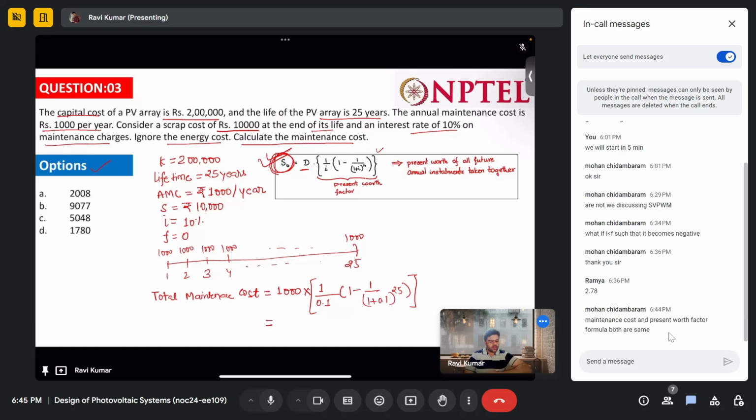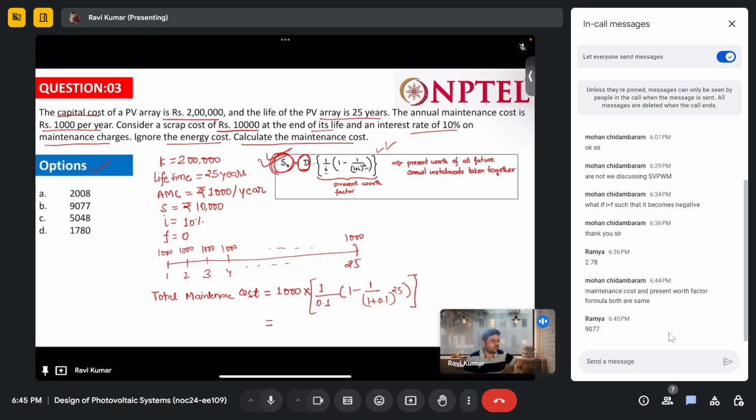This particular formula says if we are putting D amount annually for n years with this I interest rate, then what is the value of this total amount in today's terms? So now coming to the question.